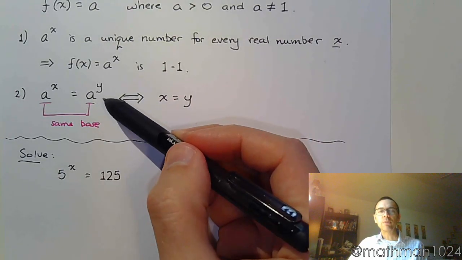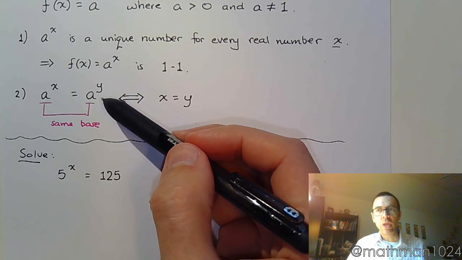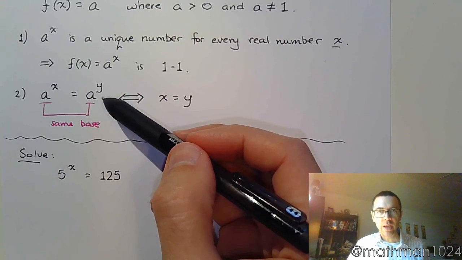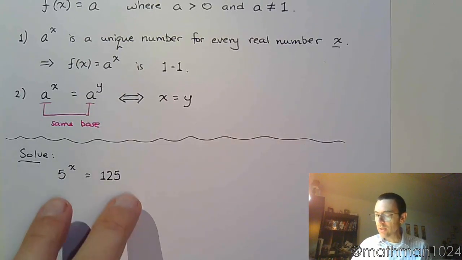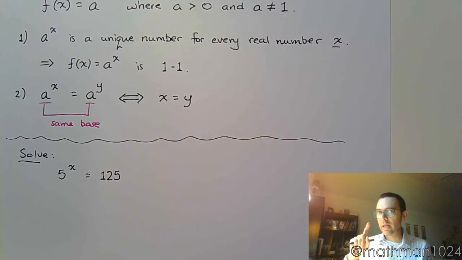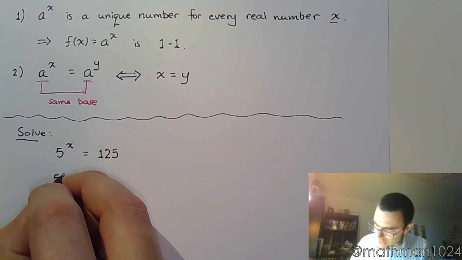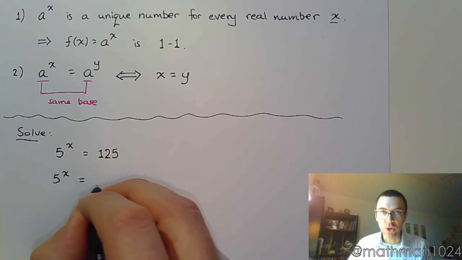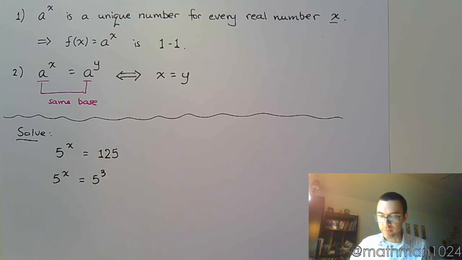This last statement up here says that if the two sides of your equation have the same base, then you can take their powers and set them equal. Well, right now these guys don't have the same base, unless I do some rewriting. Because on the right side of the equation, I can rewrite 125 as 5 to the third power.